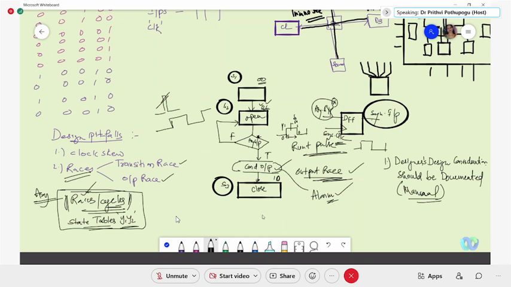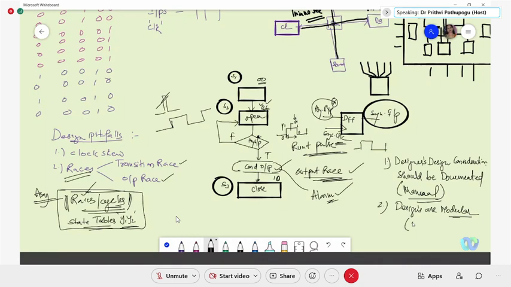Okay, and never attempt any design of highly complex things as one single entity. See that your designs are modular. Modular in the sense that the complexity can be handled easily.